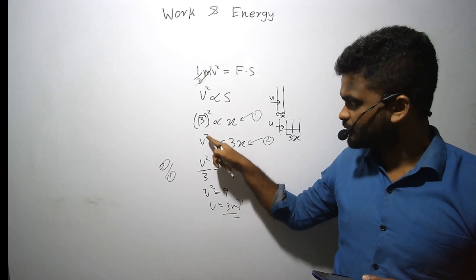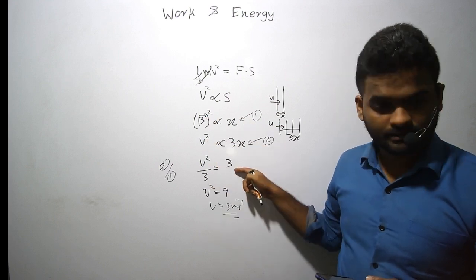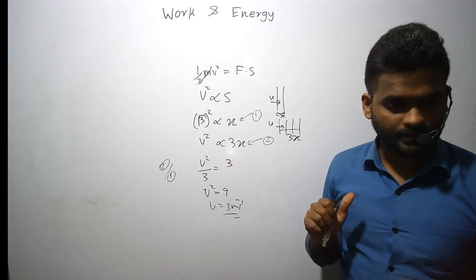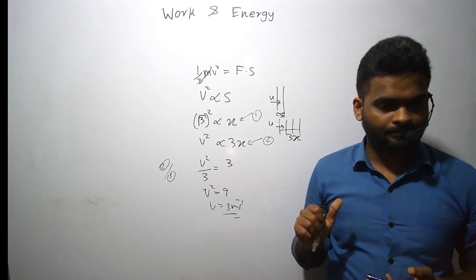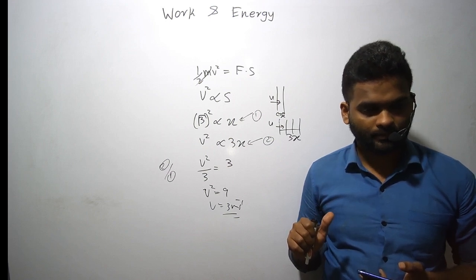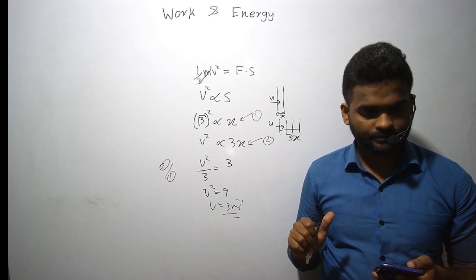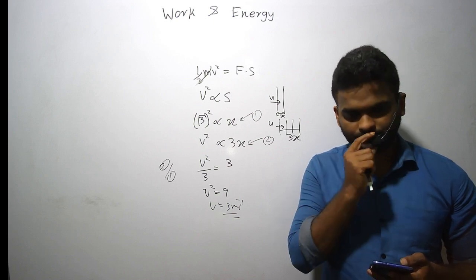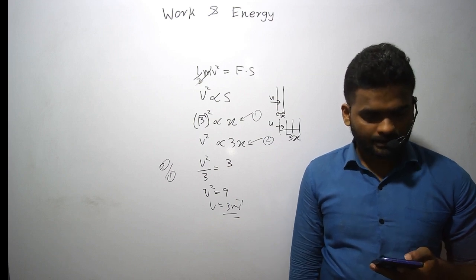So you get v squared divided by 3. 3x divided by x, 3. Okay? Understood? Right.